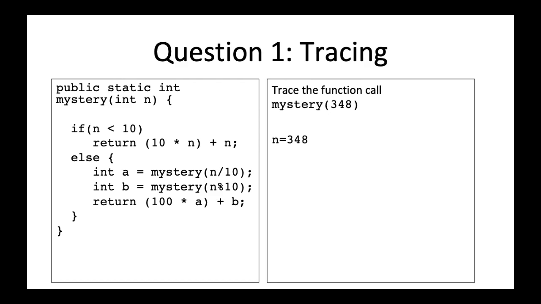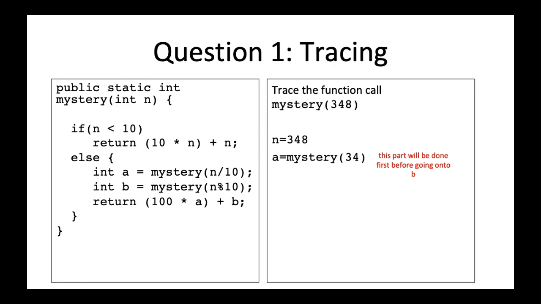Well, for starters, n would be equal to 348. And a would be equal to mystery 34, which is 348 divided by 10. Now this recursive part will be done first, before going on to b. This means we will continue with a until a value is returned.